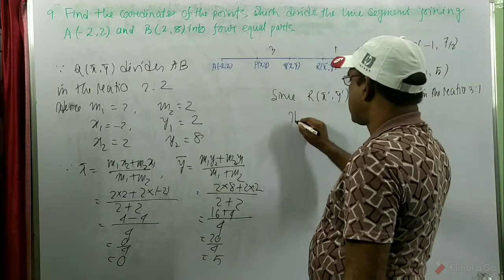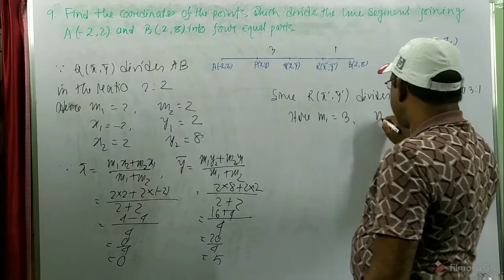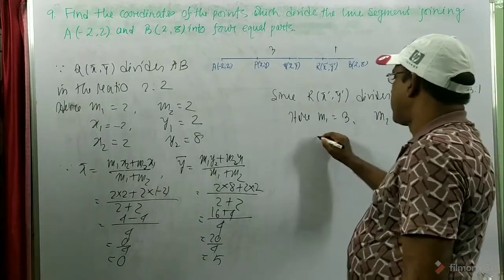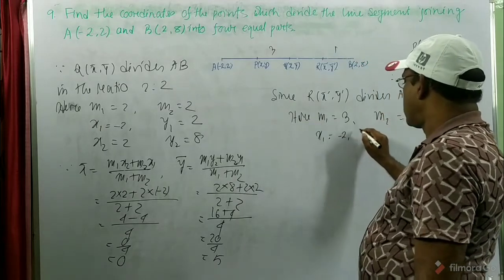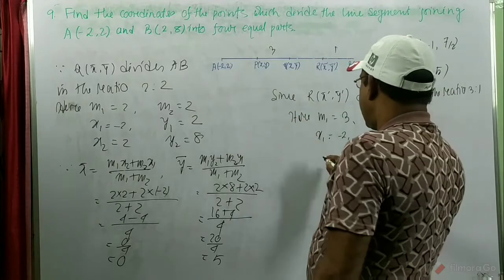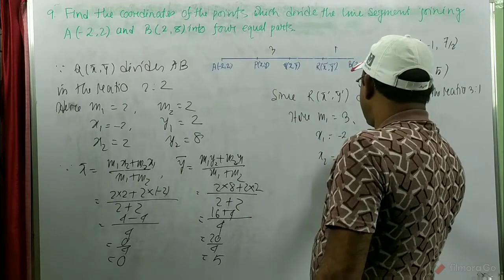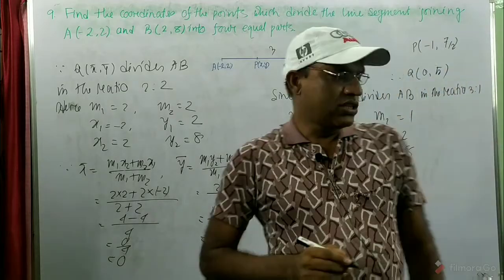Here M1 equal to 3, M2 equal to 1, X1 equal to -2, Y1 equal to 2, X2 equal to 2, and Y2 equal to 8 we get.